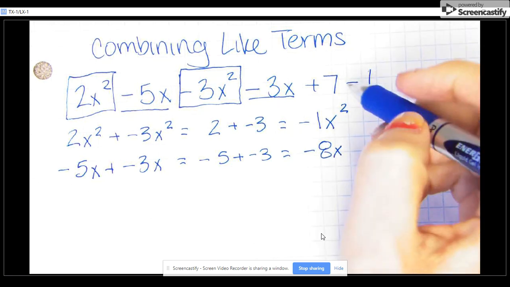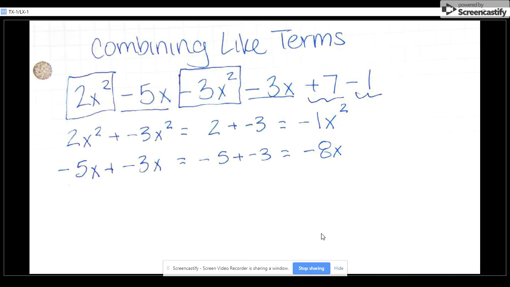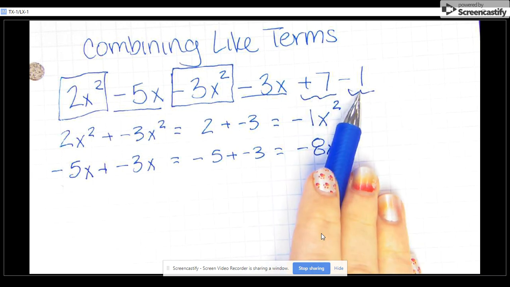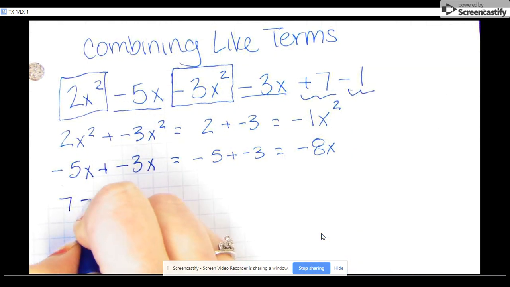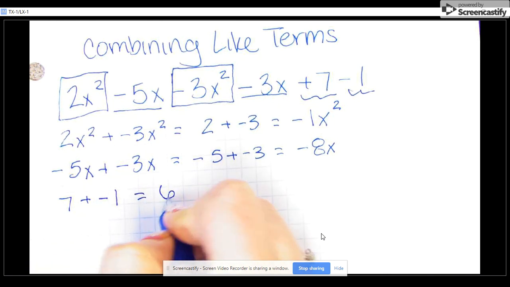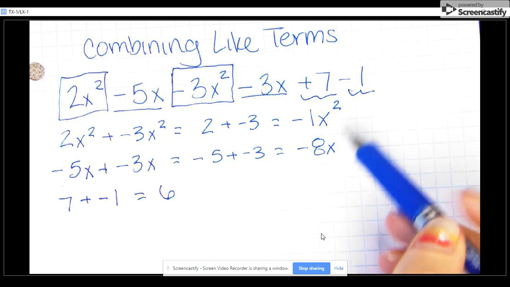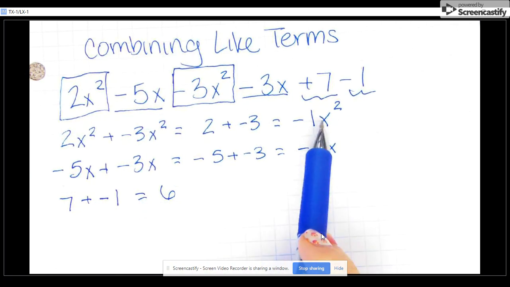Next, combine my numbers. I don't have any x's by them because they still need to be combined. So I have a +7 and a -1. That math I can do. 7 plus -1 is equal to 6. So I have taken all these terms up here and I've combined them into 3 separate parts.